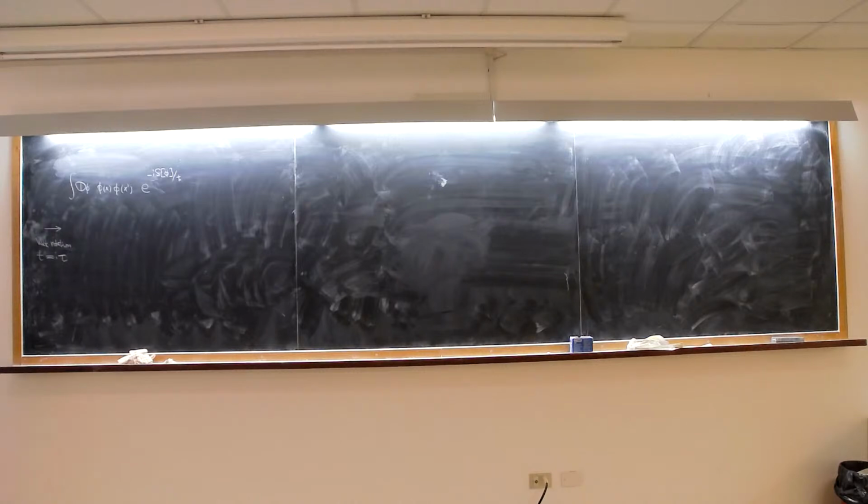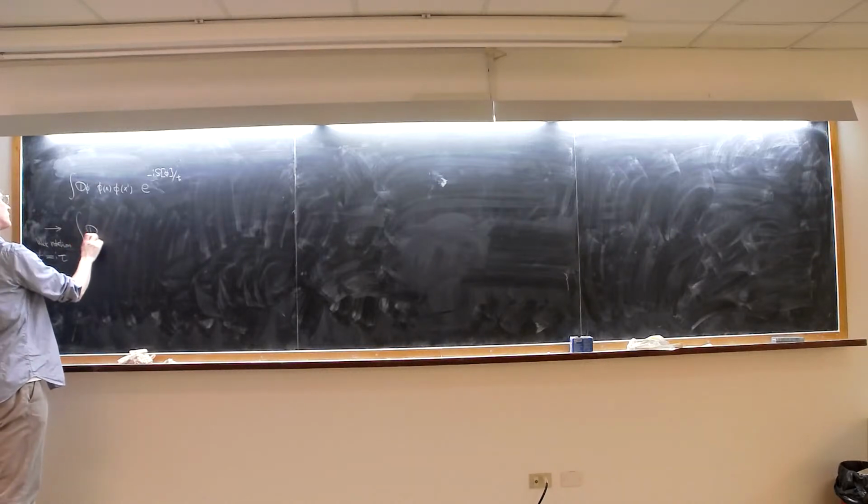That's a triviality, the definition, but then you say that this thing has a sufficient amount of analyticity, so you can let tau be imaginary. So go to a contour where tau is real.